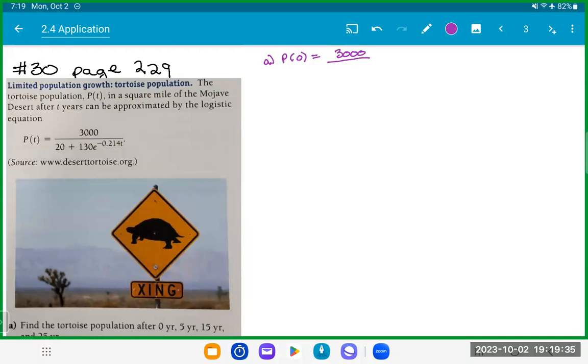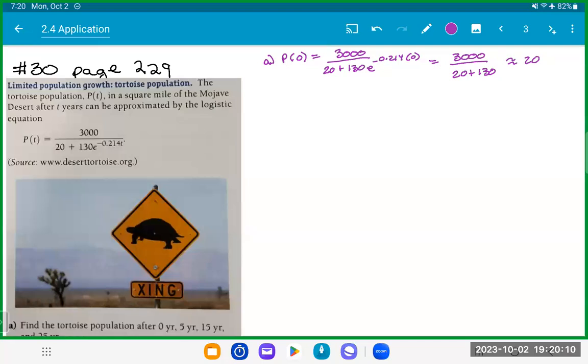That's 3,000 divided by 20 plus 130 e to the negative 0.214 times 0. This gives about 3,000 divided by 20 plus 130, so approximately 20. The population of tortoises at time 0 is approximately 20.